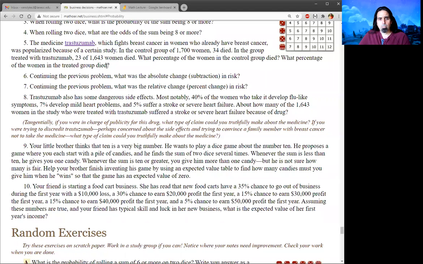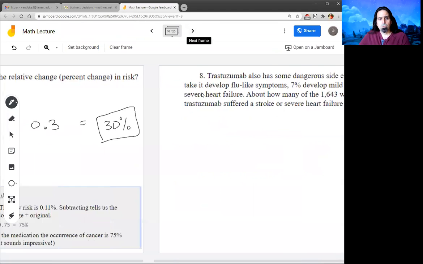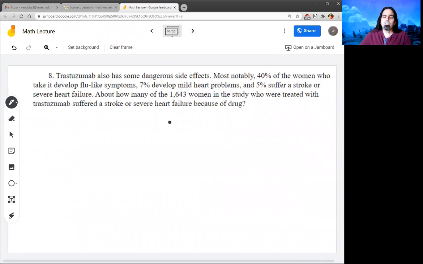Okay, so we're doing, by the way, more problems for you. The medicine has some dangerous side effects. There were flu-like symptoms, mild heart problems, stroke, severe heart failure. So about how many of the people in the study, if these numbers were accurate for them, suffered stroke or severe heart failure because of the drug?